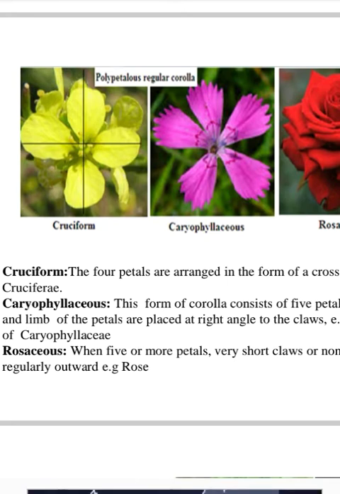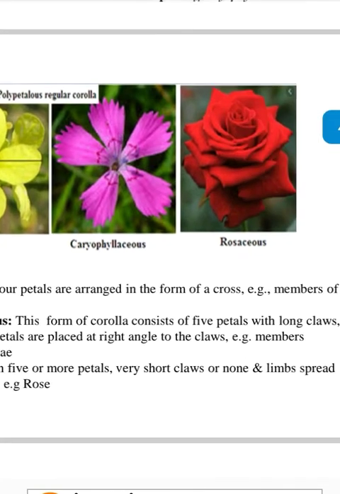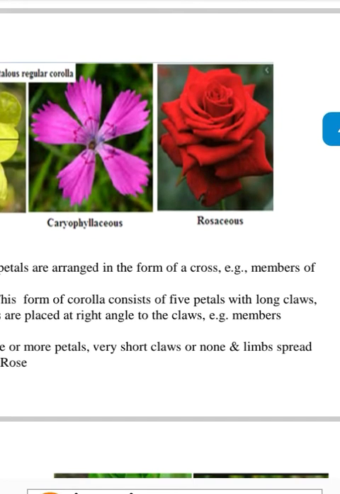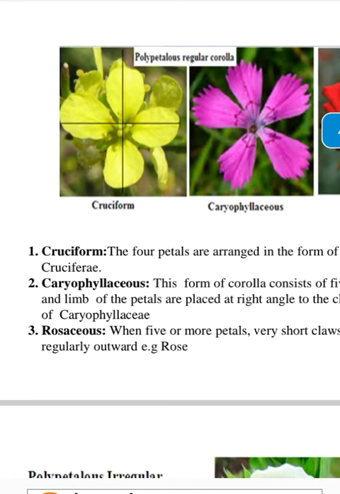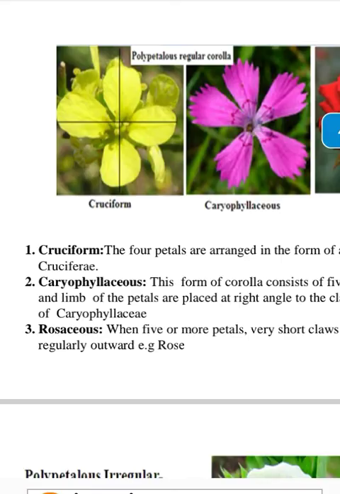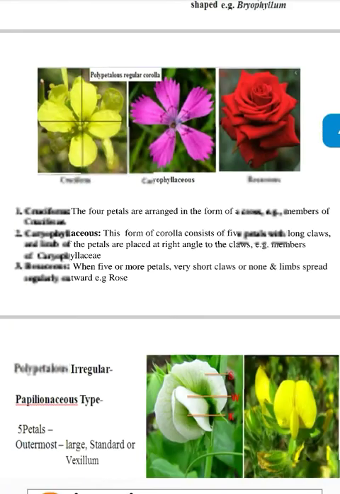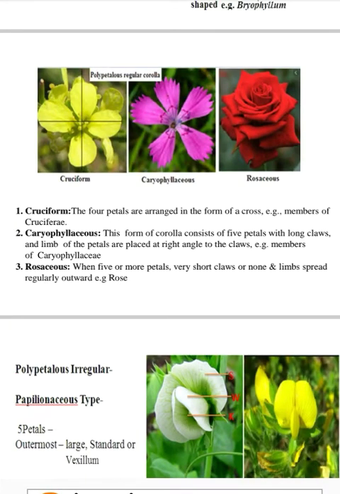Then the caryophyllaceous type of corolla. Here 5 petals are there, and these petals are with long claws, and the limb of the petal is placed at right angle to the claws. So what is the claw and what is the limb?